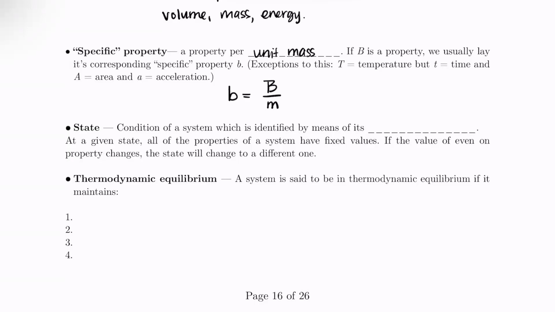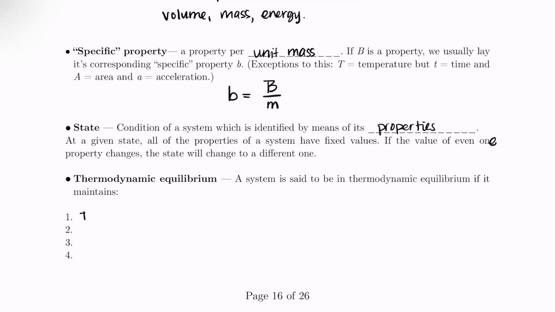State is another term that we're going to use quite a lot in this class. So a state is a condition of a system which is identified by means of its properties. So things like pressure and temperature, for example. And at a given state, all of the properties of a system will have fixed values. If the value of even one property changes, then that means the state is going to change to a different one. Okay? All right. Thermodynamic equilibrium. So a system is in thermodynamic equilibrium if it maintains four things.